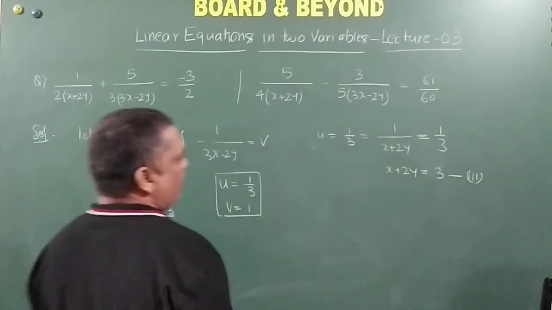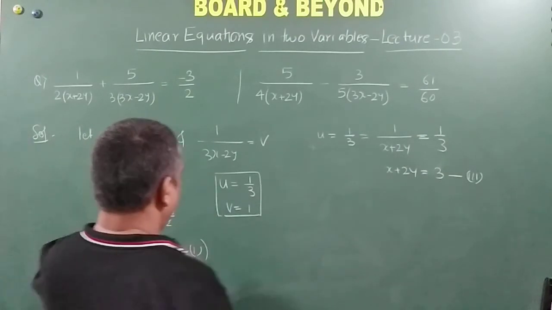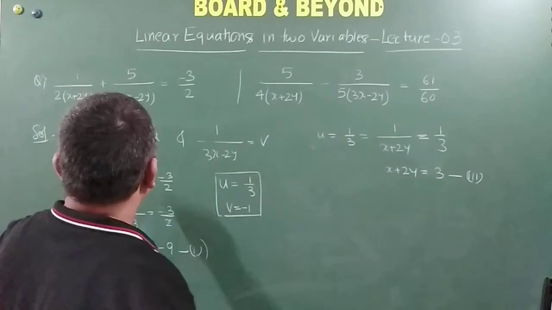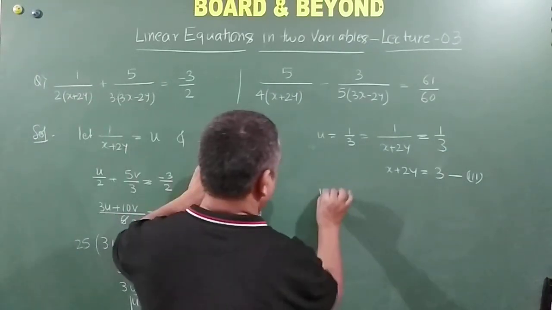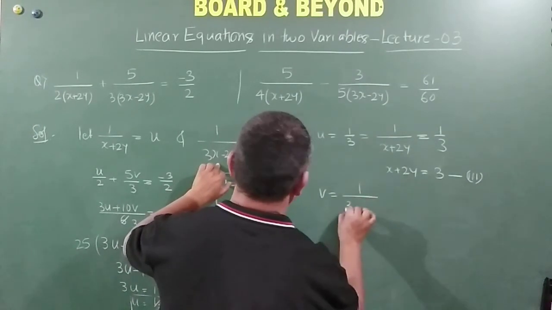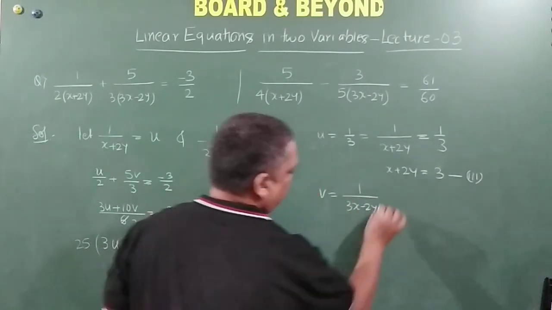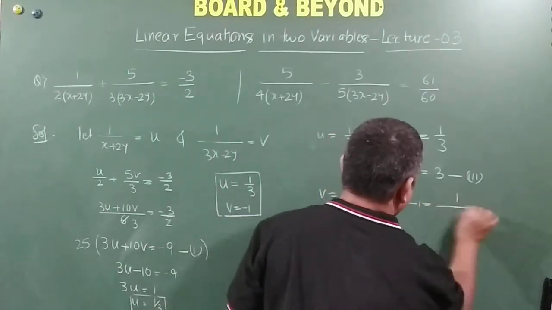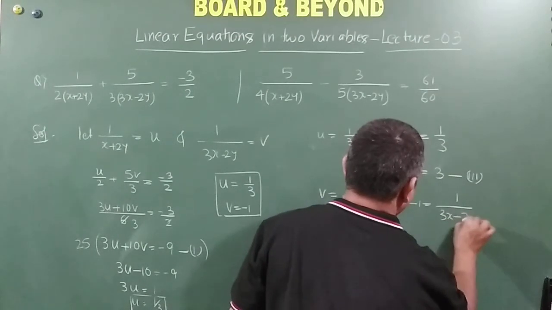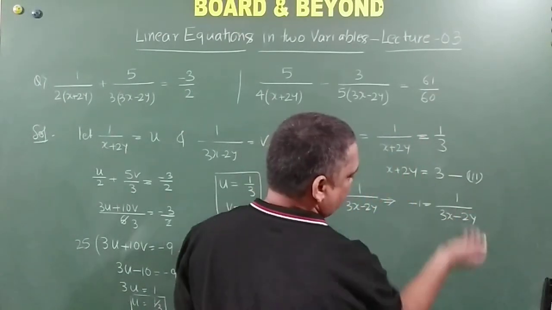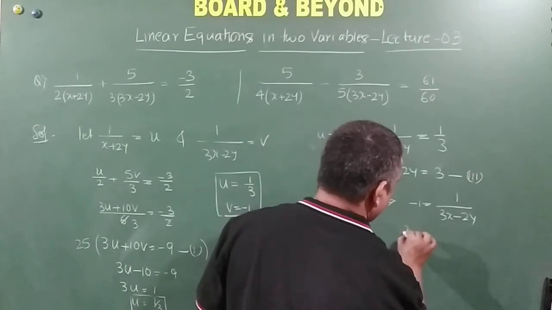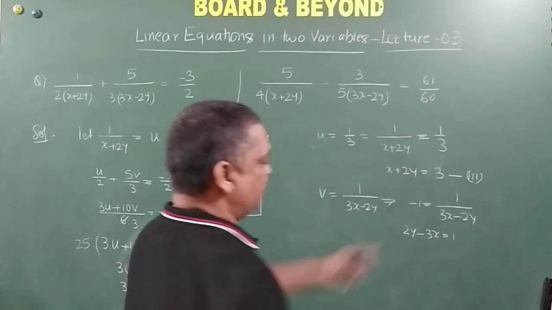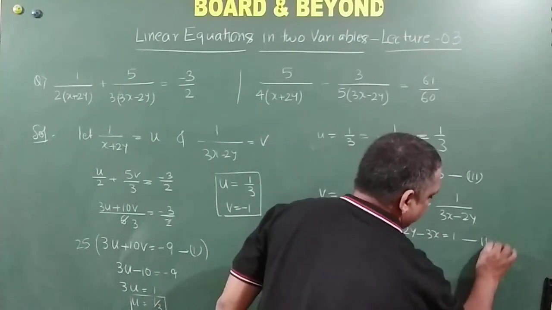Similarly, v was equal to minus 1, so v is equal to 1 divided by 3x minus 2y, which gives minus 1 is equal to 1 divided by 3x minus 2y. When I do cross multiplication, this becomes 2y minus 3x is equal to 1. I'm just reversing the sign here. So this becomes my equation number 4.